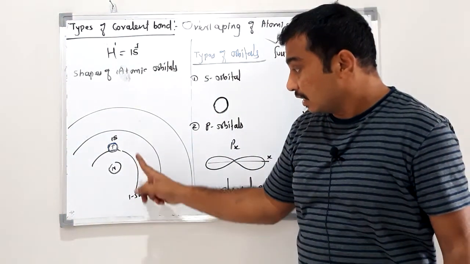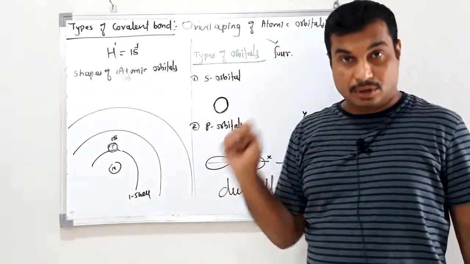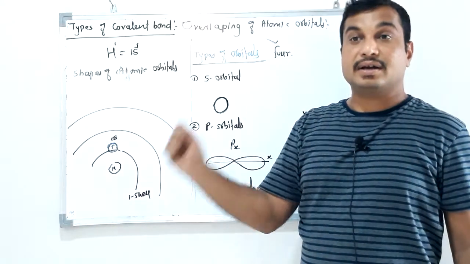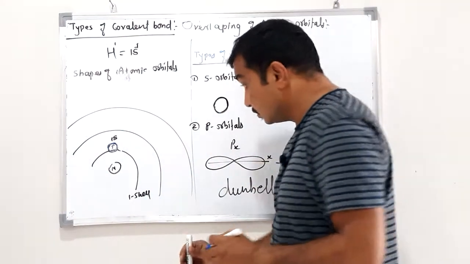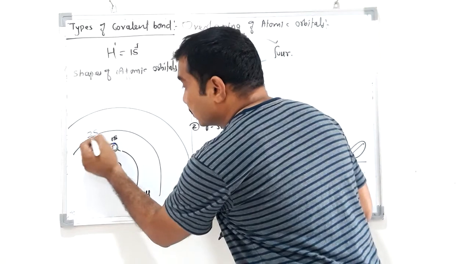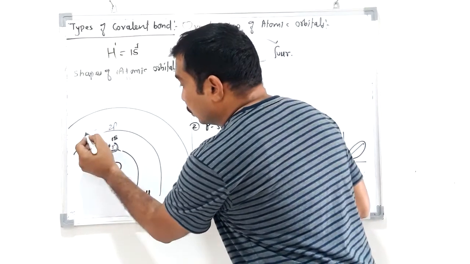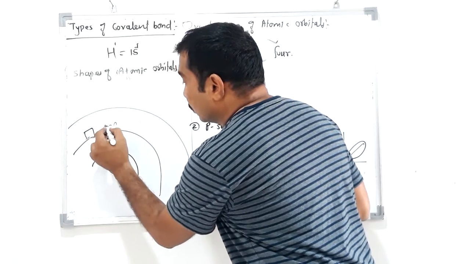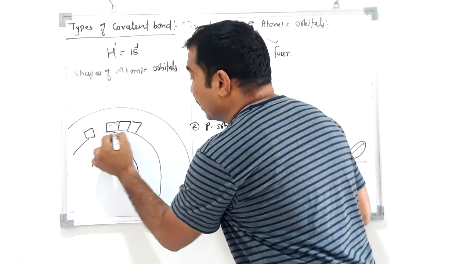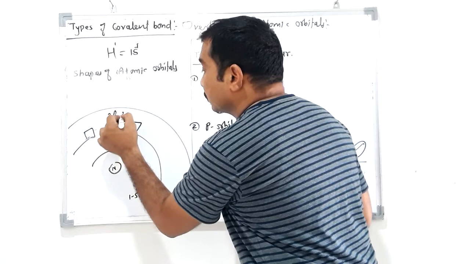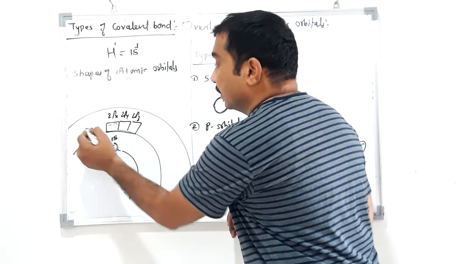This is the first shell, the first shell has a 1s orbital, and that orbital contains the electron. Second thing, 2s and 2p. As we know, here is the 2s orbital and 2p: 2px, 2py, 2pz.